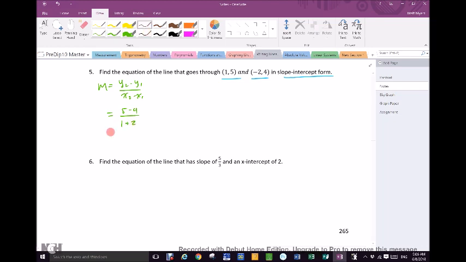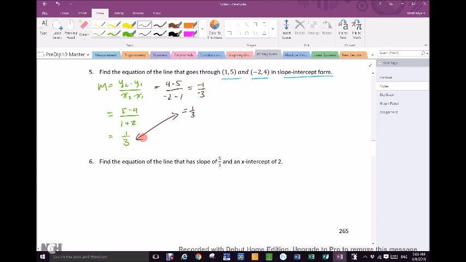Some of you will have done 4 minus 5 over negative 2 minus 1. If you did the green one, you ended up with 1 over 3. If you did the brown one, you ended up with negative 1 over negative 3, which, of course, 2 negatives is a positive, and they are exactly the same thing.